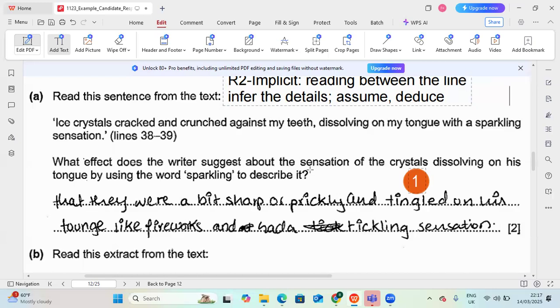All right, so it says: ice crystals cracked and crunched against my teeth, dissolving on my tongue with a sparkling sensation.